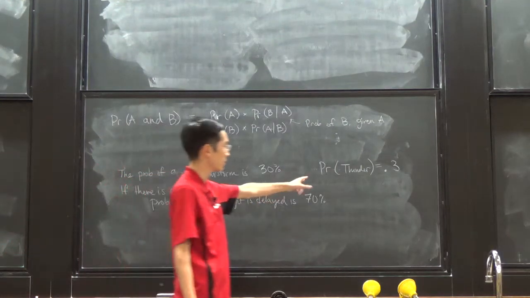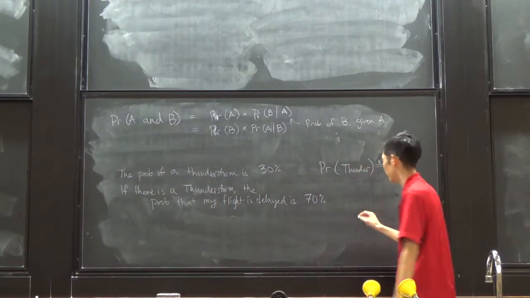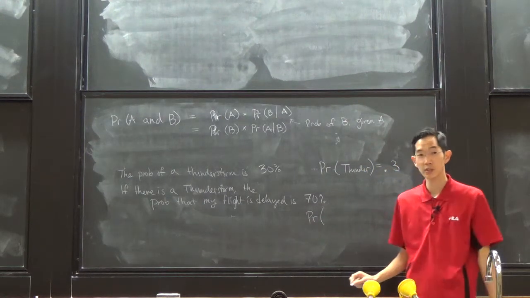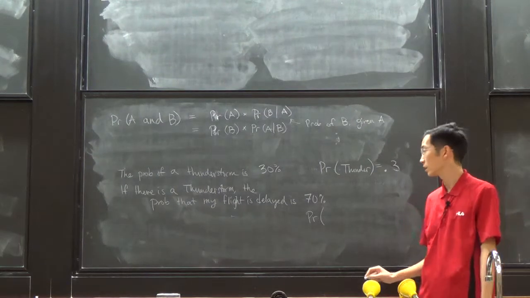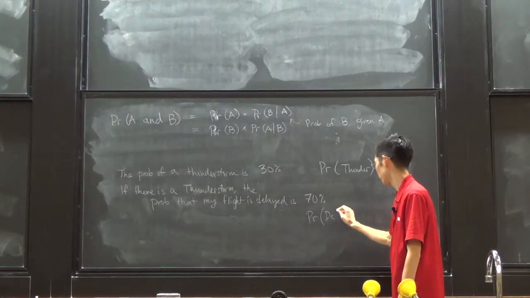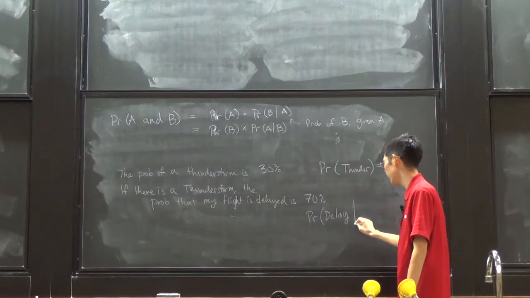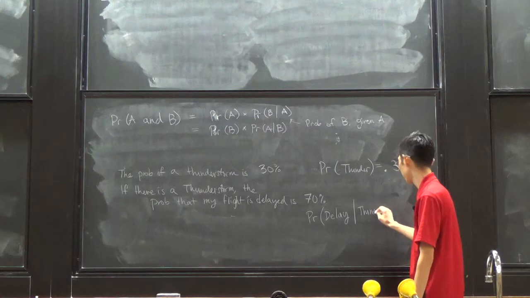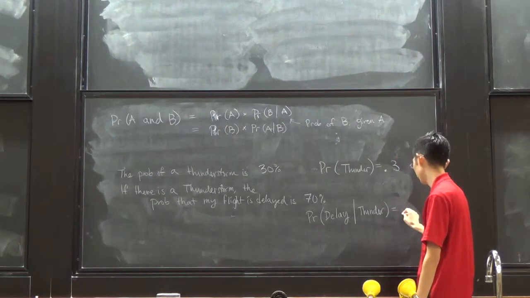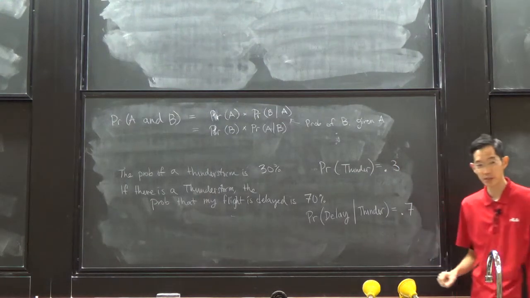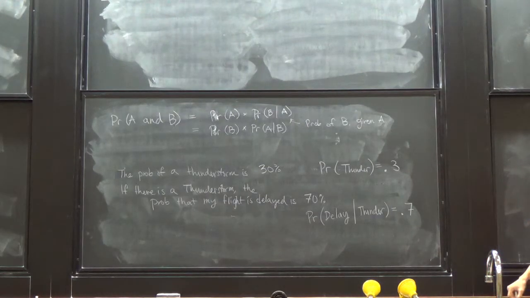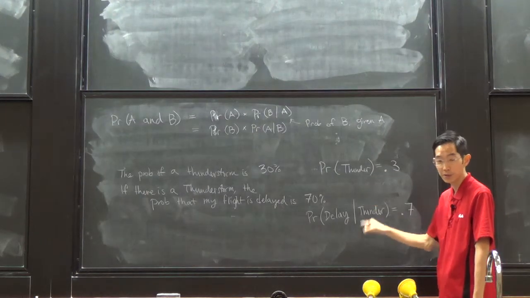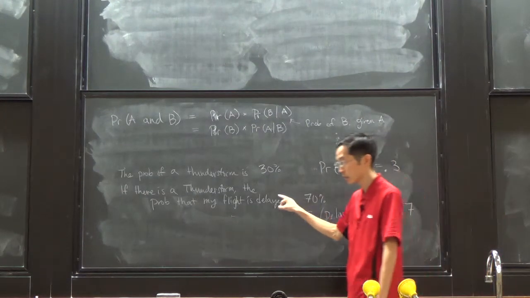So how would I write this in terms of an equation? I would write probability of delay. So the probability that a flight is delayed given, or if there is a thunderstorm, is equal to 0.7. It's important that we write thunder after the vertical bar, because that is how this sentence is written.